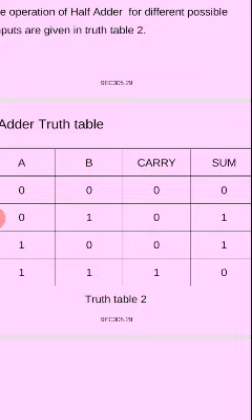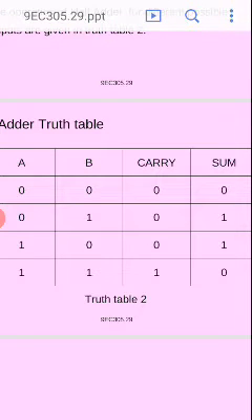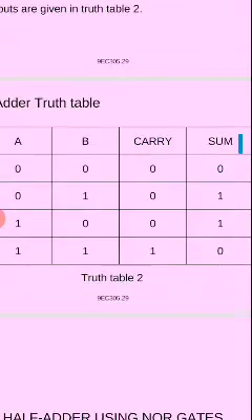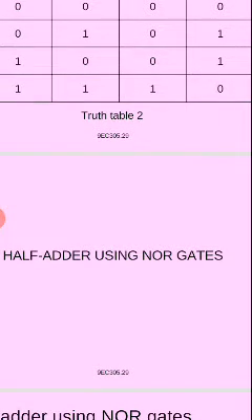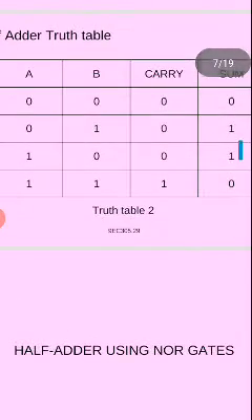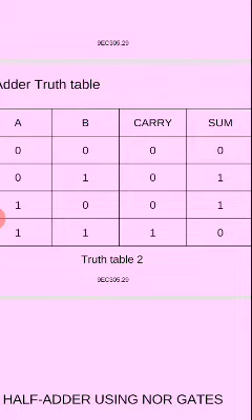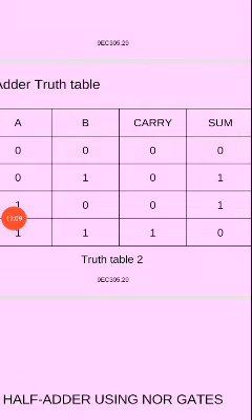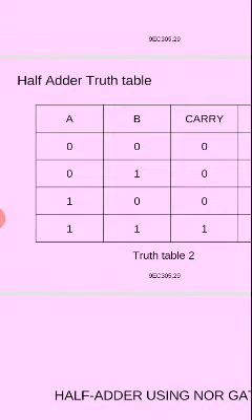For the 1 1 combination of inputs, carry output is 1, sum output is 0. This is the truth table of the half adder.